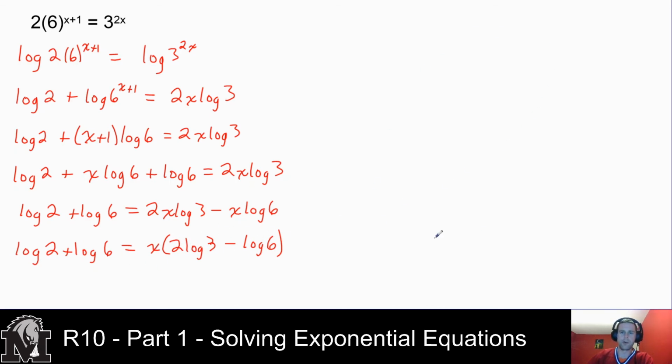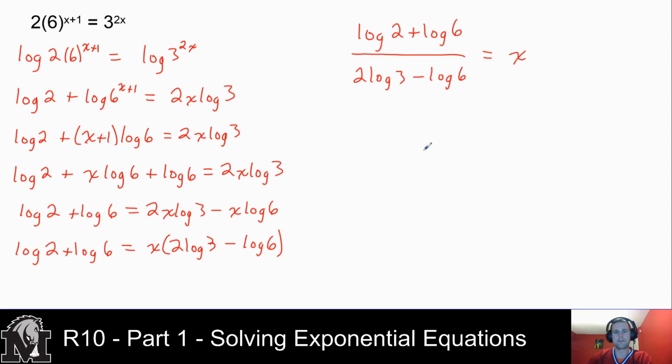Now I'm going to show my work over here on the right just to keep it all in the same screen. So log 2 plus log 6. This stays here. Now I need to divide by this piece. So divide by 2 log 3 minus log 6. And that's just going to leave us with our value for x.